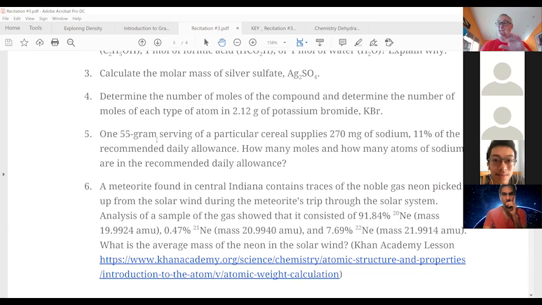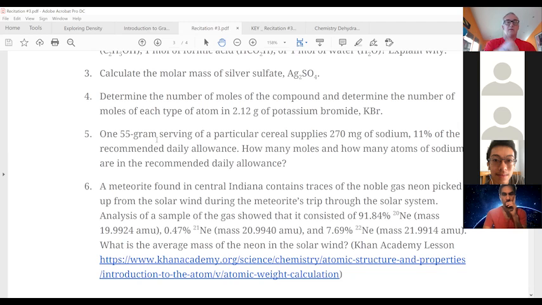So we'll do number 6 because it gives you an insight into number 7. Number 7 is going to be a little tricky, but I can point you towards it. Number 6 basically shows how you calculate average atomic mass.